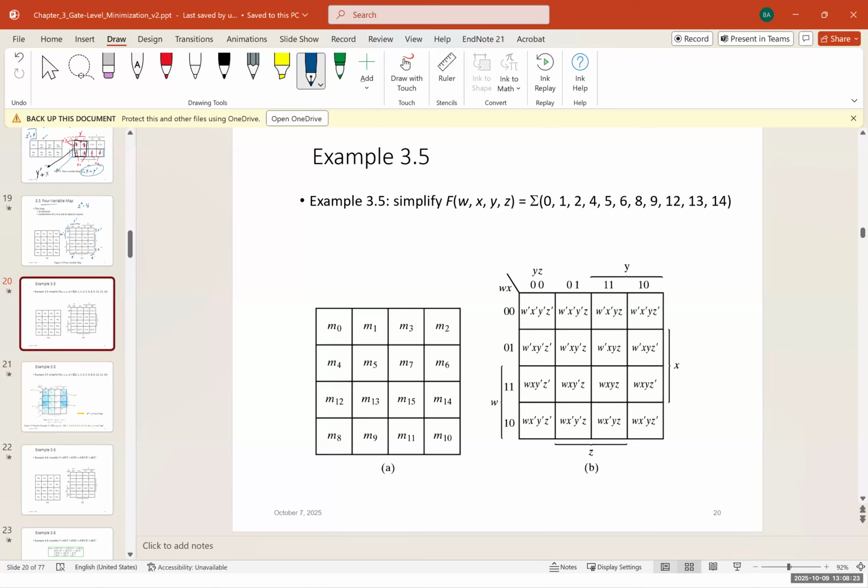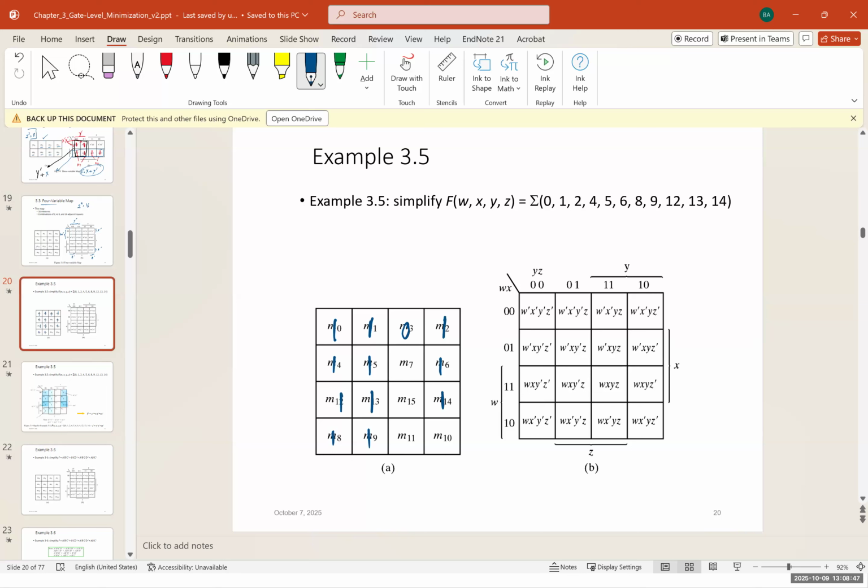So 0, 1, 2, 4, 5, 6, 8, 9, 12, 13, and 14. And the rest is 0.